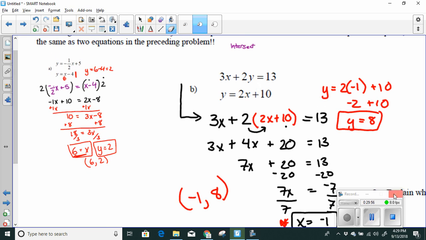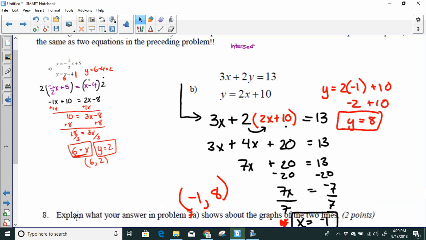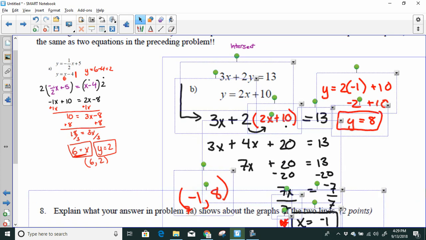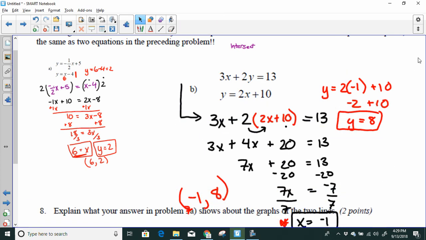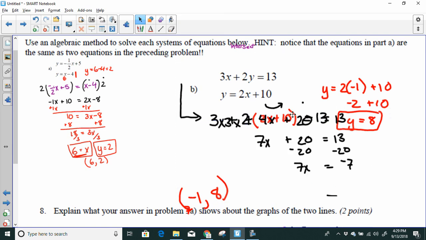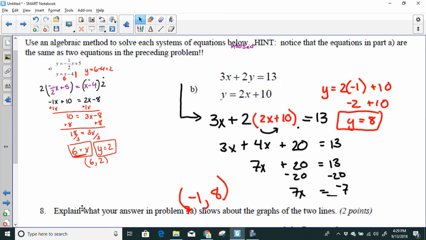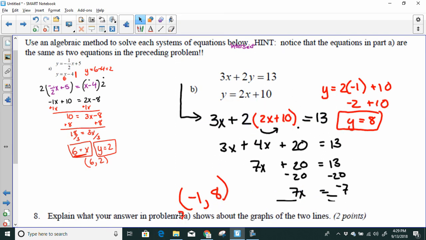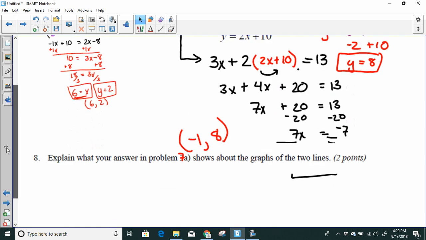All right, last but not least, we made it to the last question. The last question, number 8, says, explain what your answer means. Explain what your answer in problem 7a above, right up here, means about the graphs of the two lines.